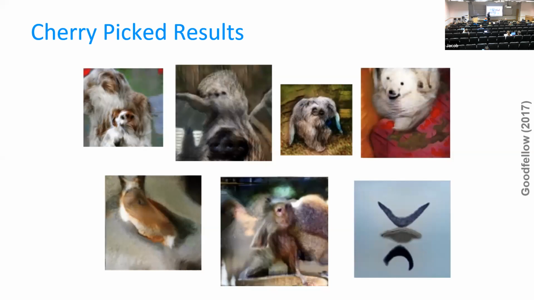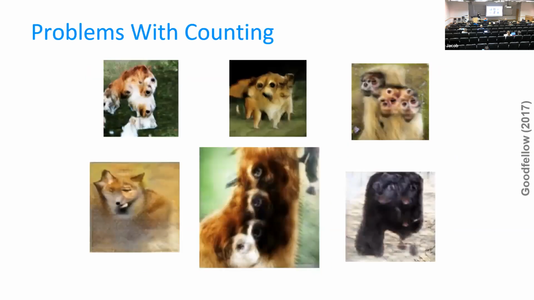This one might be a monkey, maybe some sort of bird, a corgi or something. You can see some issues starting to arise with some of these generated images. Again, these are pretty high resolution generated images, but we're seeing some kind of weird artifacts. What kinds of things are you noticing about these generated images?